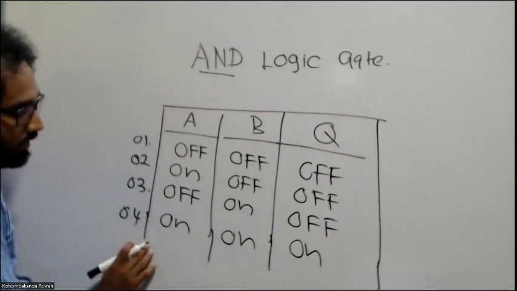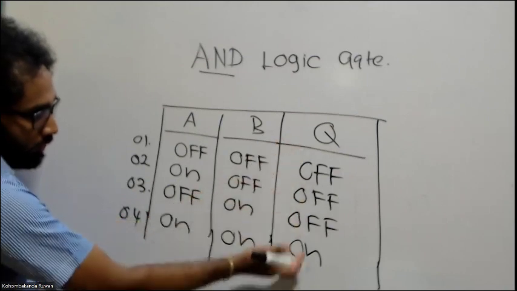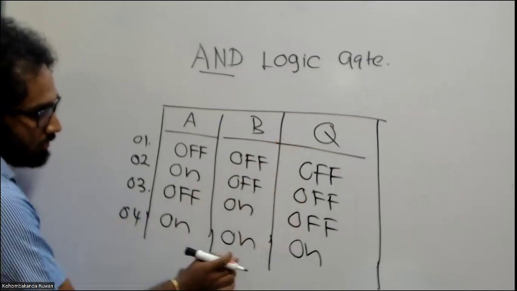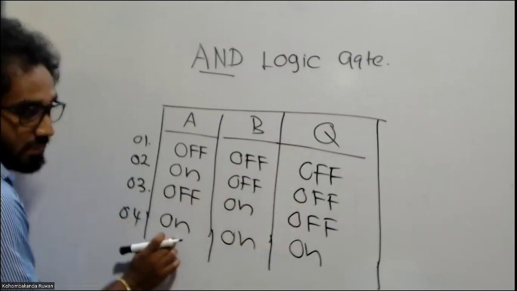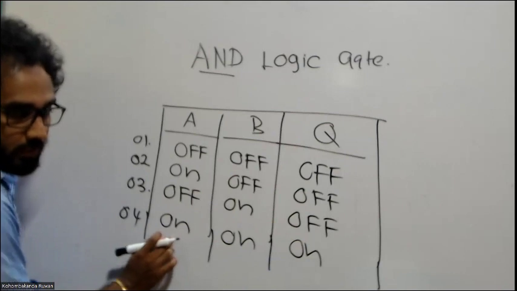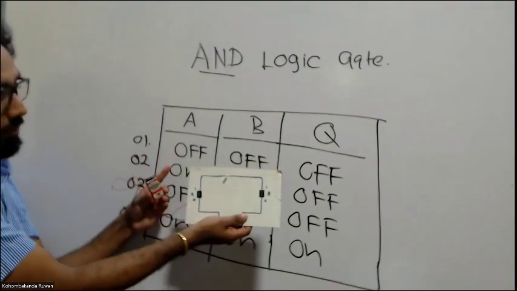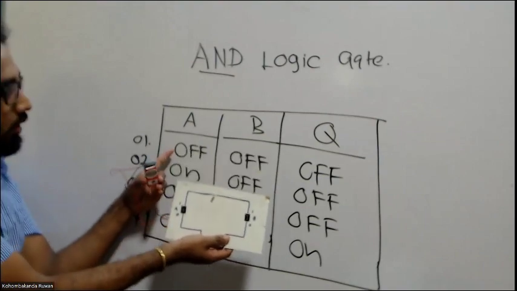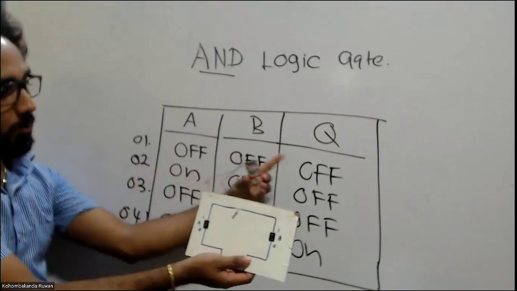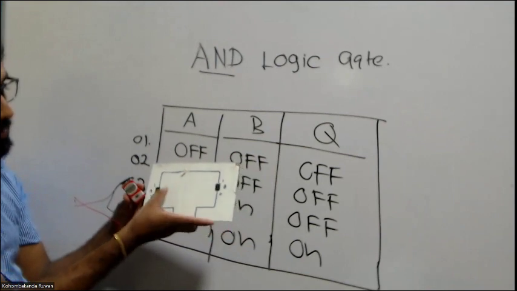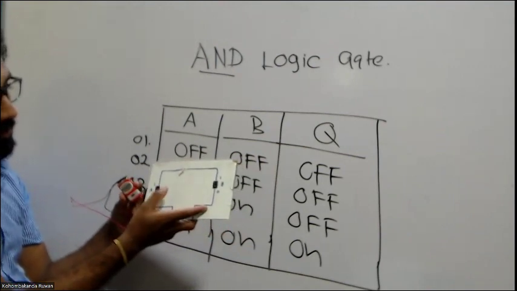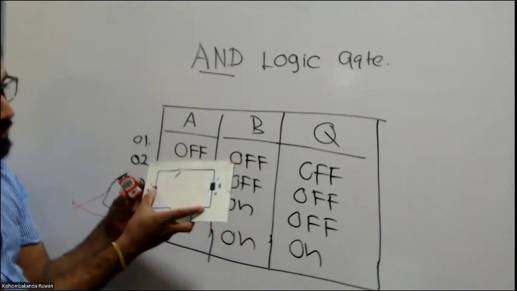Here you can see to switch on the bulb, both switches should be in the on state. Isn't it? This is the first situation, right? Off, off, off, that means off.